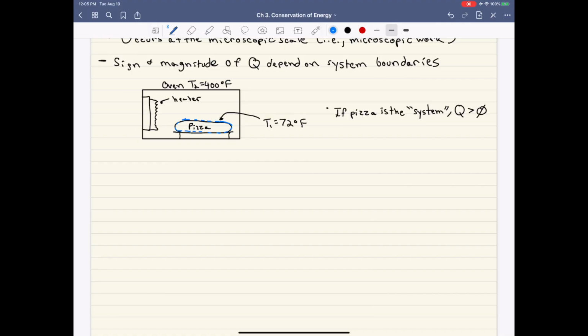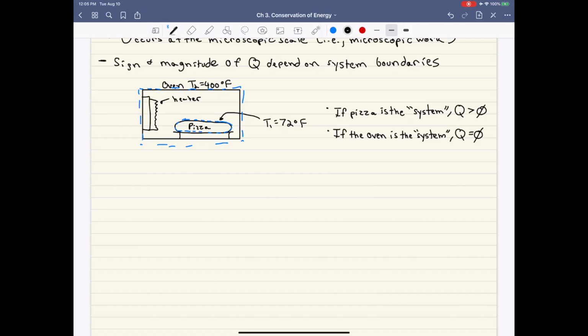On the other hand, if we set the system to be the entire oven itself, and assuming that your oven is good enough, somewhat well insulated, and won't let too much hot air out of the oven, then we could approximate Q as being 0.